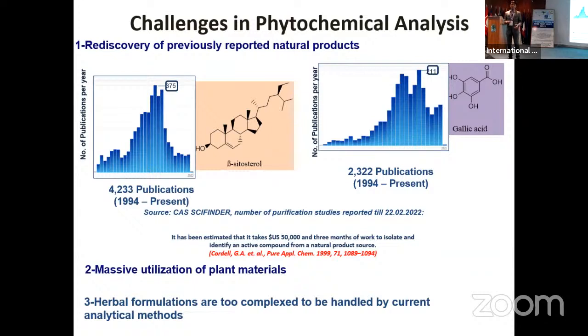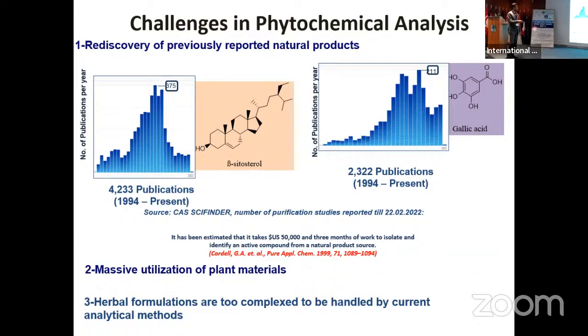This is not good news, but unfortunately, due to the unavailability of methods and the complexity of natural products, people are re-isolating again and again a molecule which is very well known, and they characterize it and spend time and money. A similar example is gallic acid.